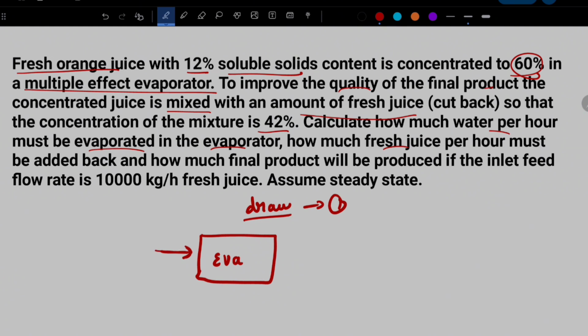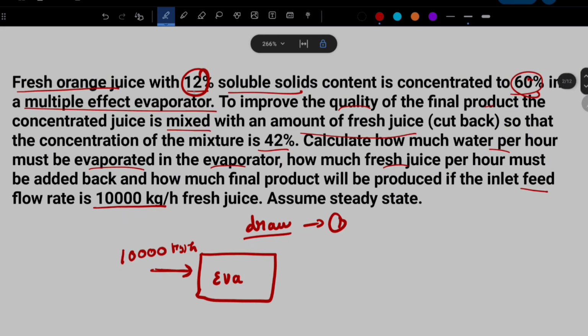I'm adding the fresh juice in, and how much fresh juice is there? It's in the question end. How much of final product is produced if the inlet feed is 10,000 kg? So actually the inlet feed is 10,000 kg per hour.